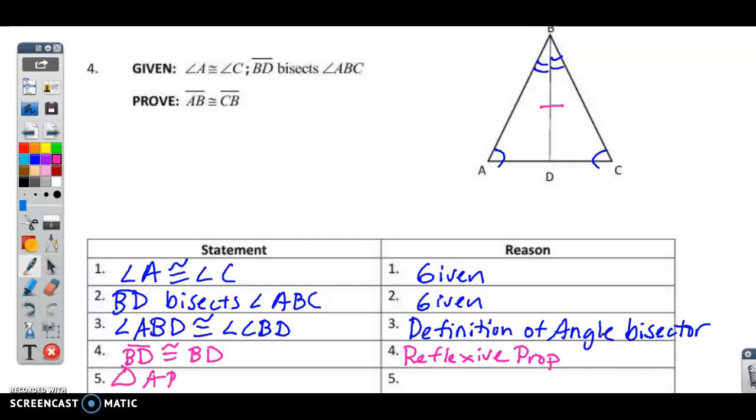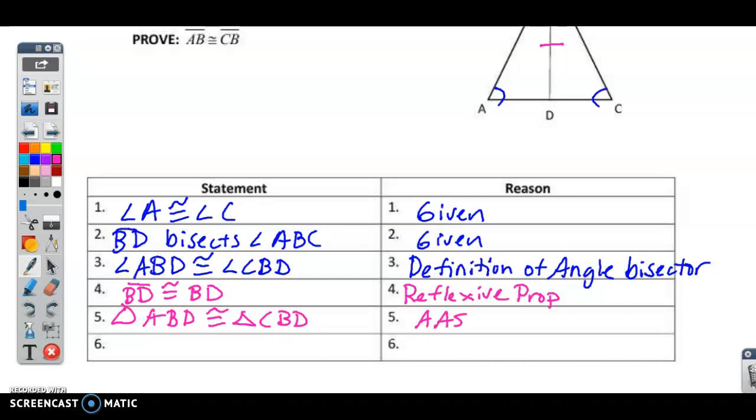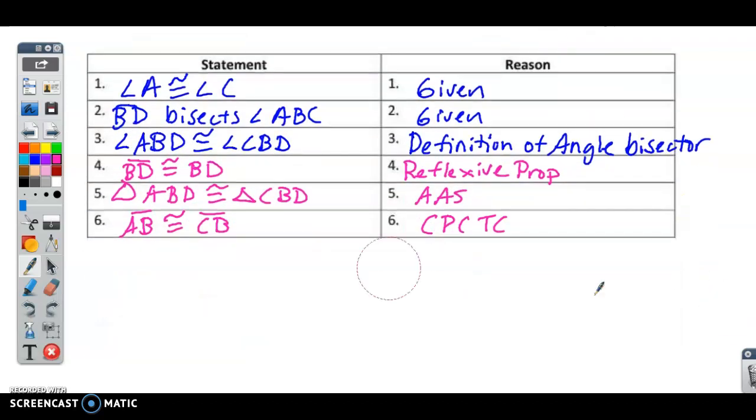Triangle ABD is congruent to triangle CBD. And that's congruent by angle, angle, side. And now our last step is proving what they're asking. AB is congruent to side CB. And we know that because all corresponding parts of congruent triangles are congruent.